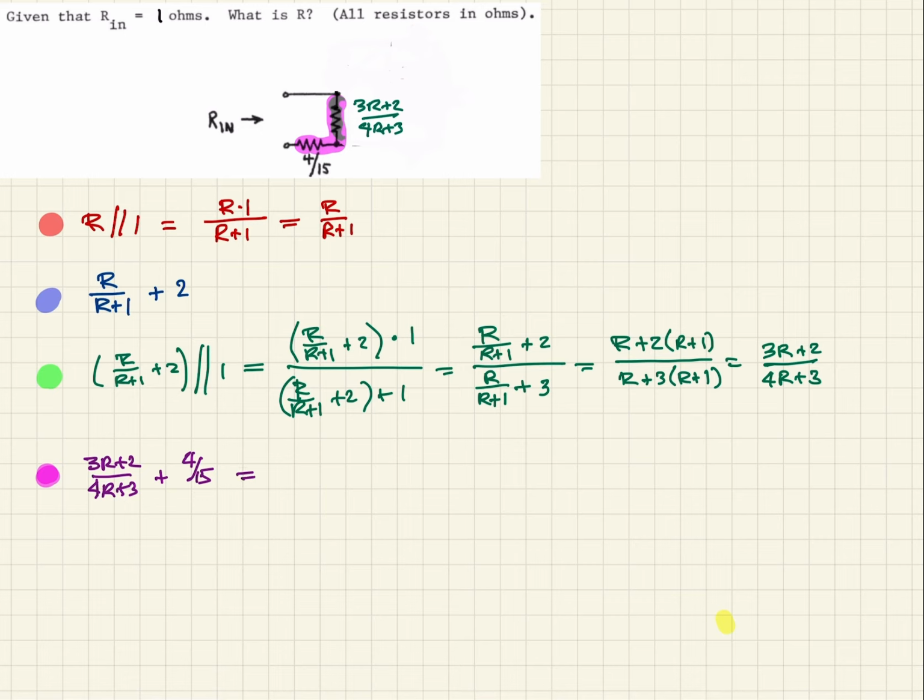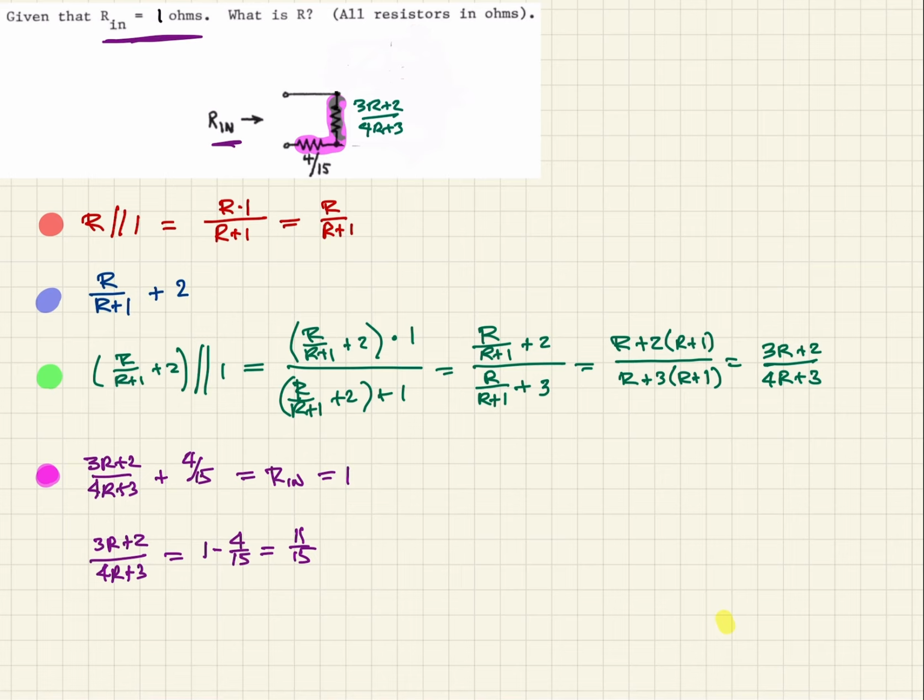And this just gets down to one last resistor, so that's equal to Rn. But we're told up here that Rn is equal to 1 ohm, so we can set that equal to 1. So now, if we subtract 4/15 from both sides, we will have 3R plus 2 over 4R plus 3 equal to 1 minus 4 over 15, which will be 11 over 15.